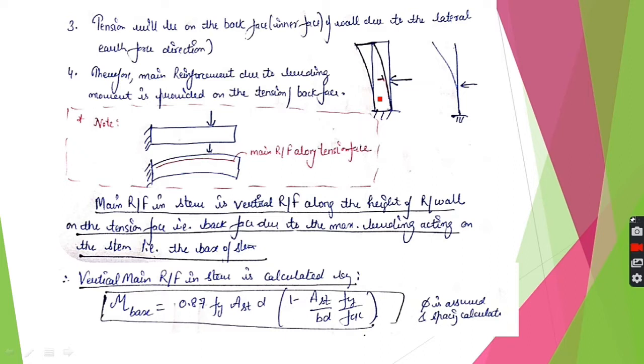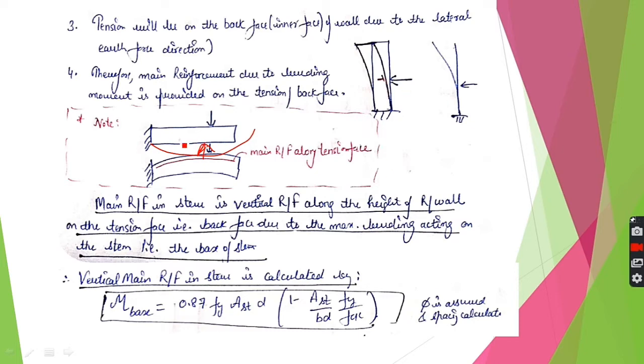Now our stem is also like this but inverted. Now this fixed end is here and this force is here like this. So the bending tension will come on this face like this. So I hope you understand why tension is coming on this face.